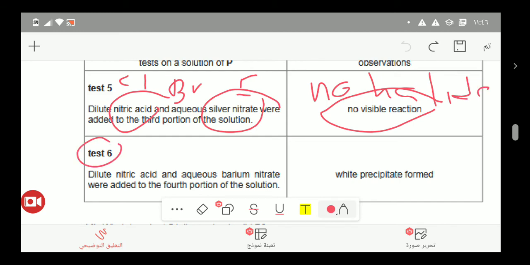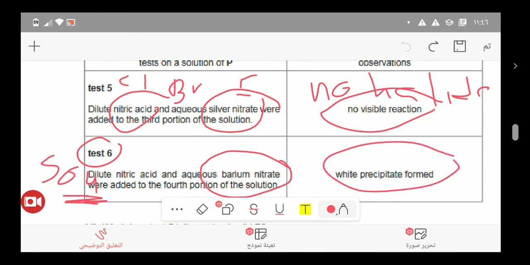Test 6: dilute nitric acid and aqueous barium nitrate were added to the fourth portion. If you see barium nitrate, you have to understand that he is going to test for the presence of sulfate, because barium sulfate is an insoluble white precipitate.